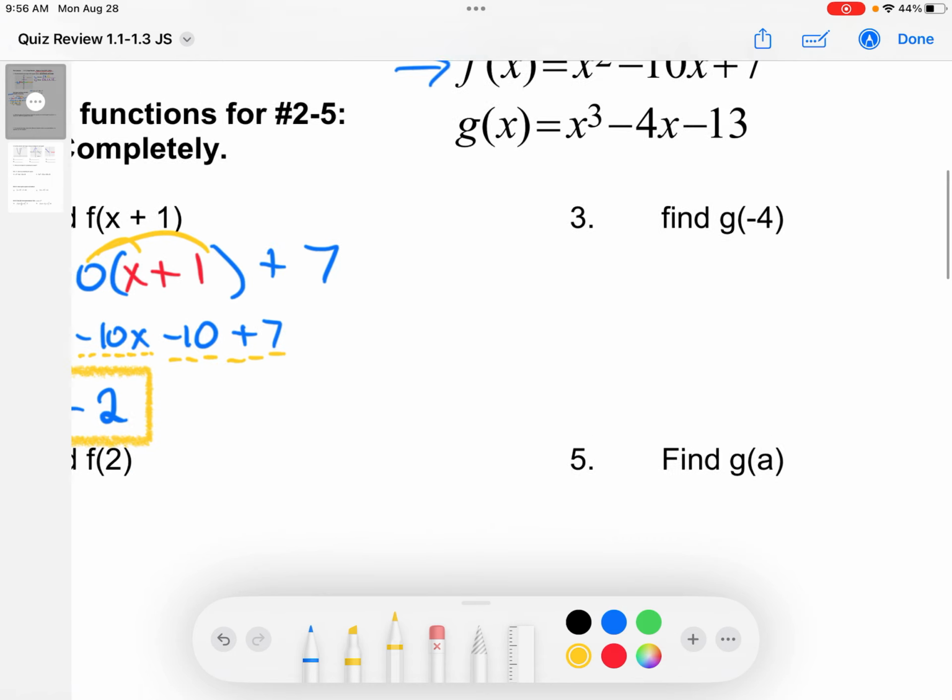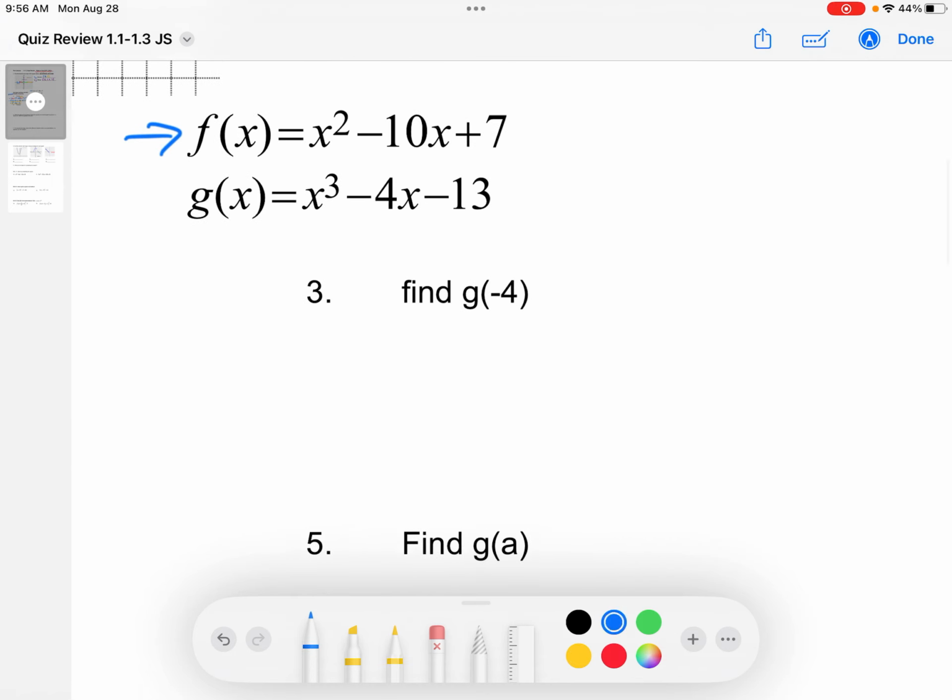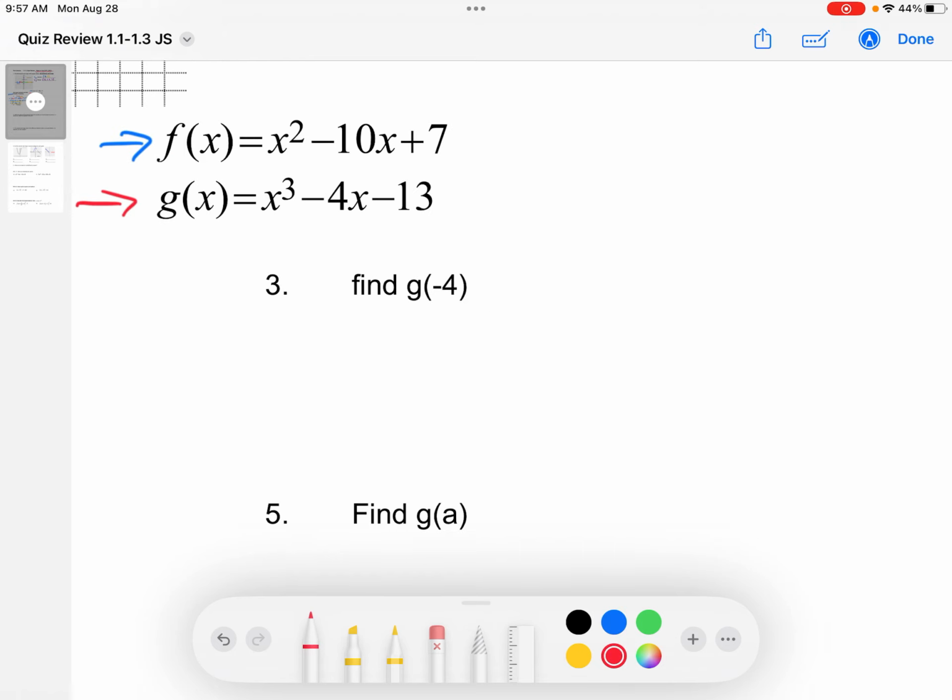All right, let's look at 3. We are finding g of -4. So we're using this g function. Everywhere there was an x, we are going to replace that with a -4. And so -4 to the 3rd power, 4 times 4 times 4 is 64.